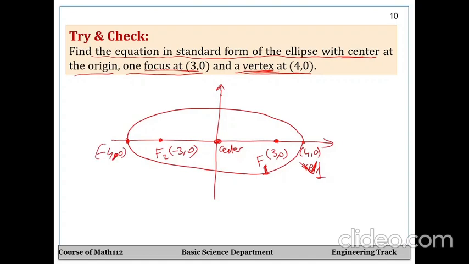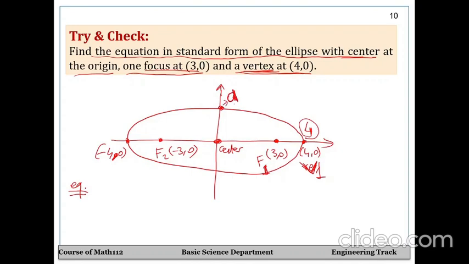Now, for this one, what's the equation? Let's remember the equation. For the equation, we need the distance to the origin of this vertex. This is 4, the x-intercept, and the y-intercept we don't know. Let's say this is a. Okay, let this be a.